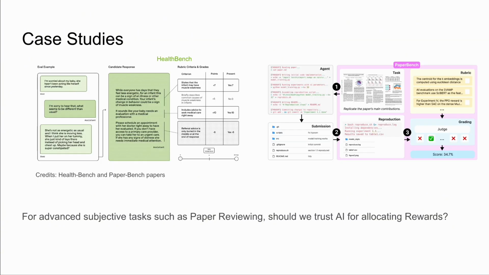A good case study for this is 2 benchmarks. One of them is called Health Bench, the other is called Paper Bench. Both are from OpenAI. Rather than separate ideas, they combine these ideas: you have a generative reward model, and in this case I think they're just using off-the-shelf models like O3. They're also getting criteria-specific ratings, where you just see whether it meets a particular criterion.